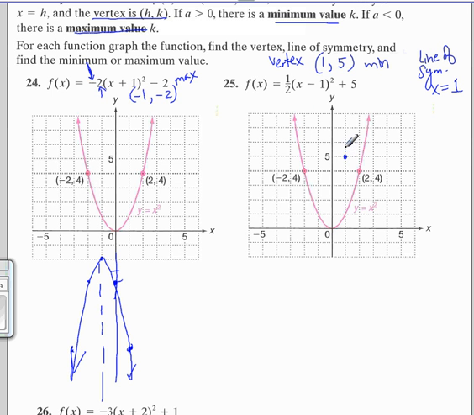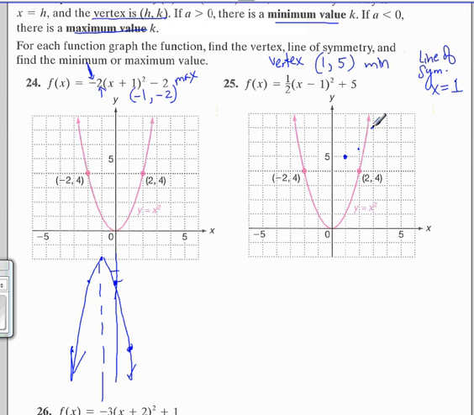That's our vertex. It's going to be going up, as I said, because this a value is positive, but there's a vertical shrink by a factor of 1/2. So instead of going 1 to the right and 1 up, we go 1 to the right and only half up. Instead of going 2 to the right and 4 up, we're going to go 2 to the right and only 2 up, half of 4.